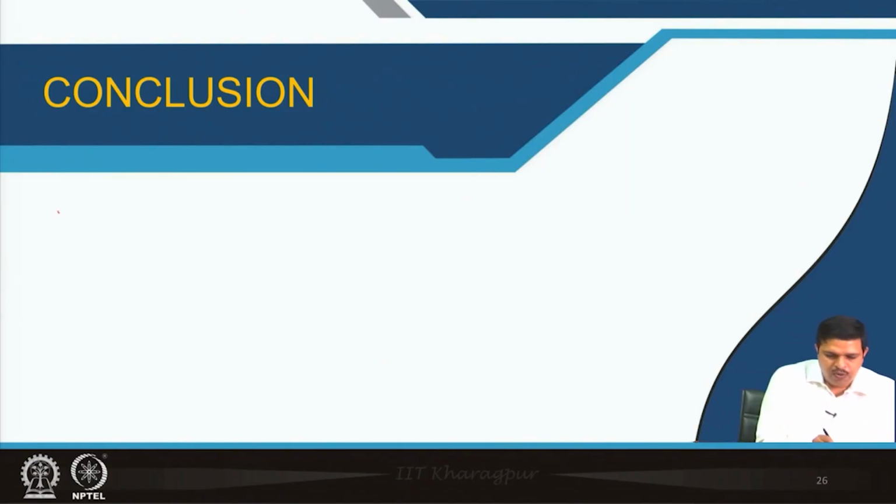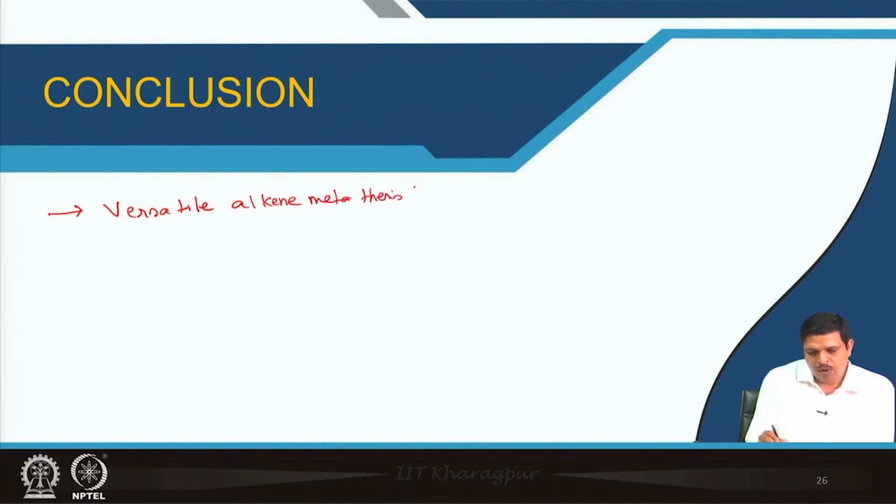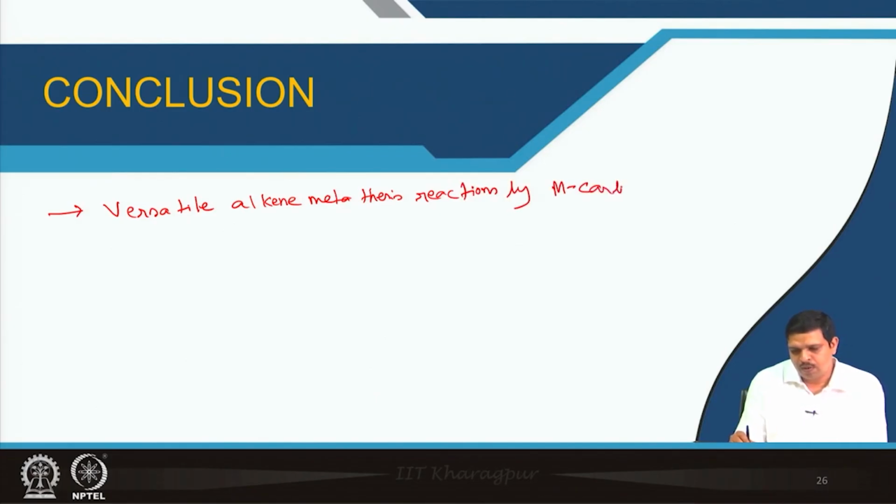So in conclusion, you will see that alkene metathesis is a versatile reaction by metal-carbene catalyst complexes.